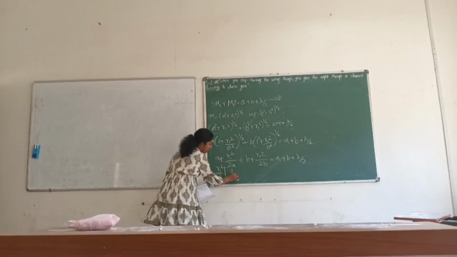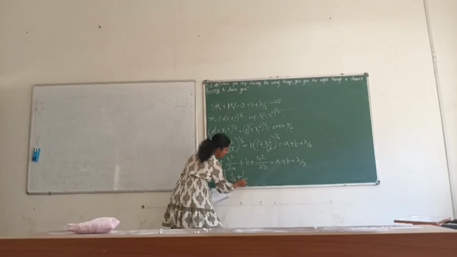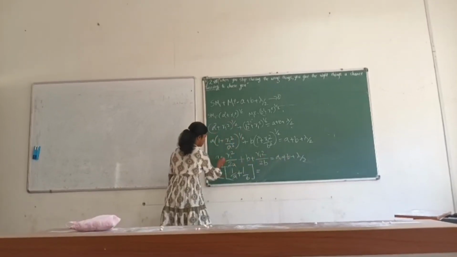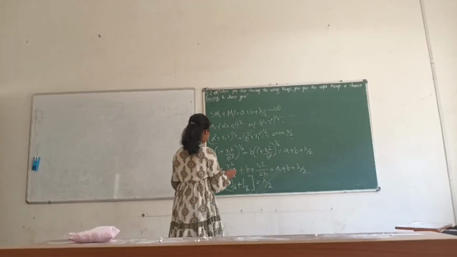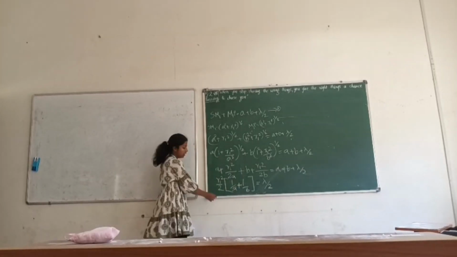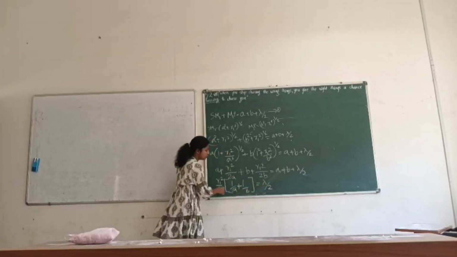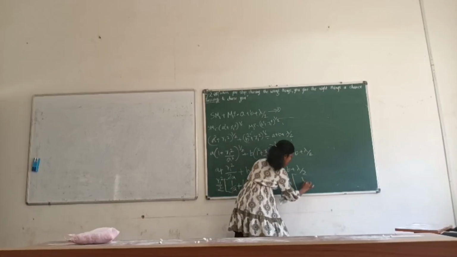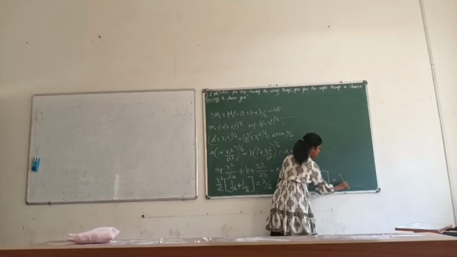The rest is 1 by A plus 1 by B, which is equal to lambda, since the others are cancelled. Now we can simplify again: the 2 and this 2 cancel, since taking it to the other side it becomes multiplication. Again we simplify and write R1 square times (1 by A plus 1 by B) is equal to lambda.